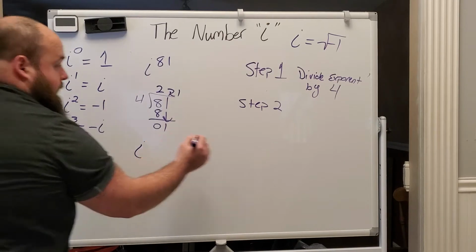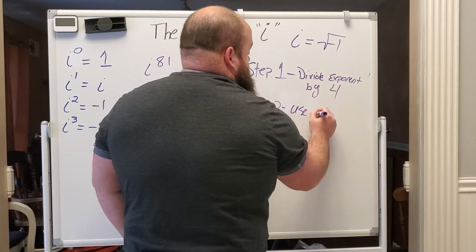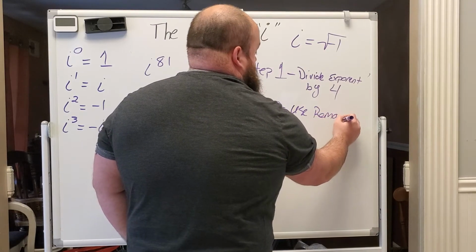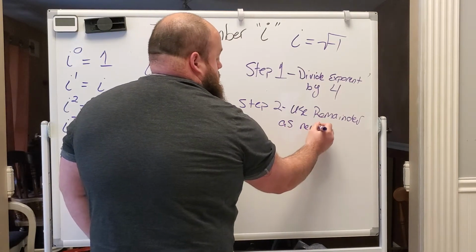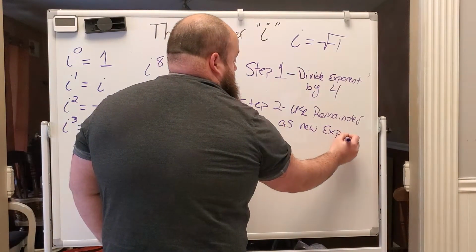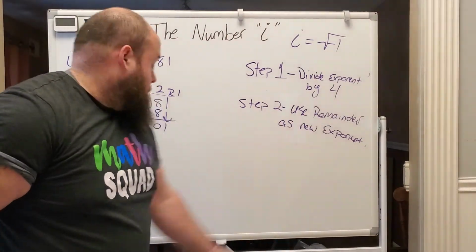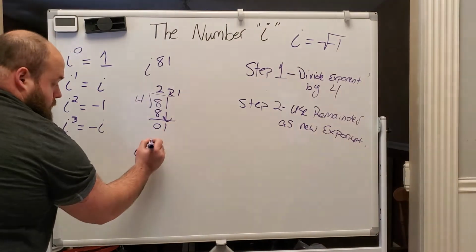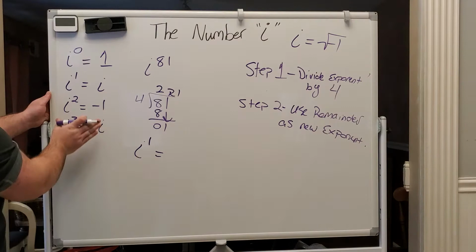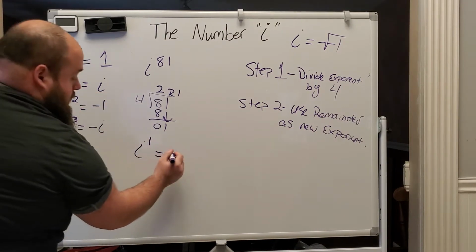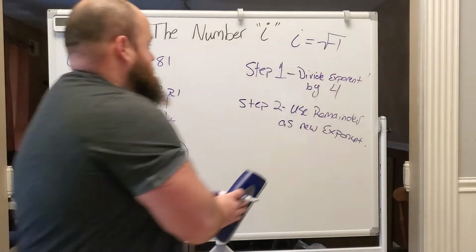Now, what goes as the exponent? You're going to use the remainder as your new exponent. So if I have a remainder of 1, I'm going to put a 1 here. Now, if I try to evaluate this, I go to my handy chart here, it says i to the 1st will just be your number i.